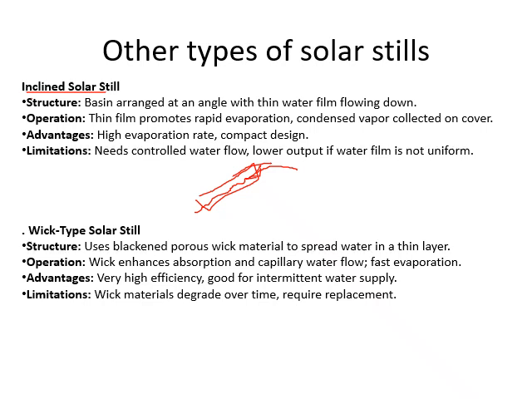Similarly, this wick absorbs the water, and by capillary action, the water flows along the wick and a faster evaporation is obtained. So it's very high efficiency. It's good for intermittent water supply, but the problem is the wick material, right? You're using something cotton-like, a bio material, which will degrade over time. There might be generation of harmful bacteria, so it will require replacement.